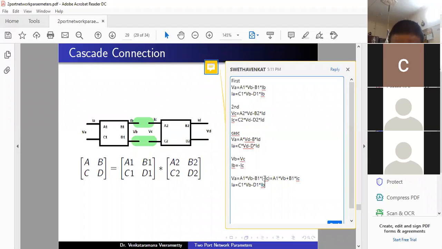Now we can further simplify this as C1 multiplied by VB, minus into minus, plus D1 multiplied by IC. Are you satisfied up to here? Is it okay? C1 into VB, and D1 into IC, right? Here also, is it okay?